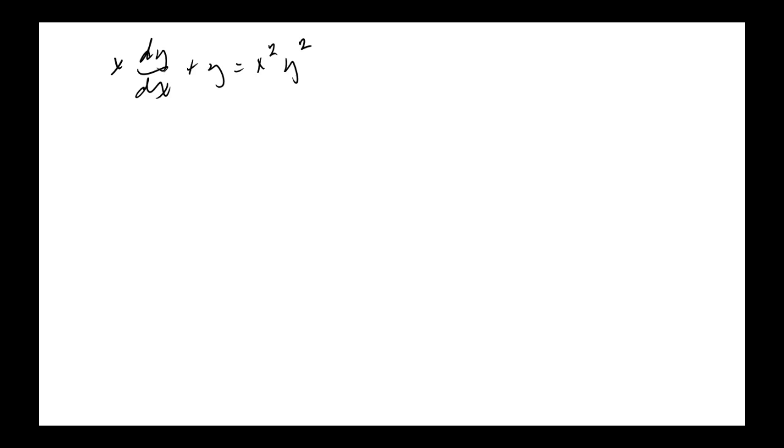So here's what we're going to do. First, it's not in standard form for even Bernoulli, so what we're going to do is divide each term by x. Okay? So there we have it. So what we have now is dy dx plus 1 over x, that's your p of x, times y is equal to x y squared.